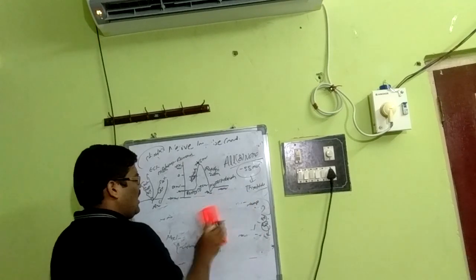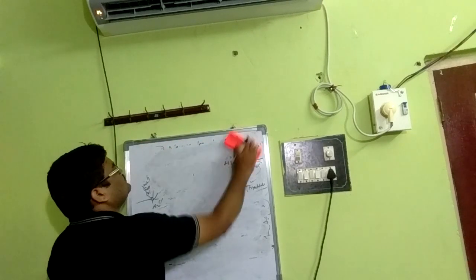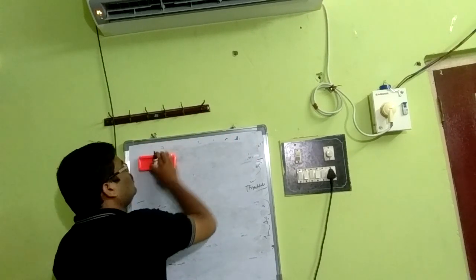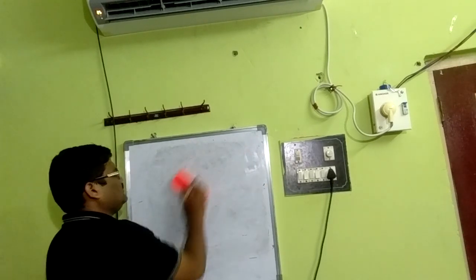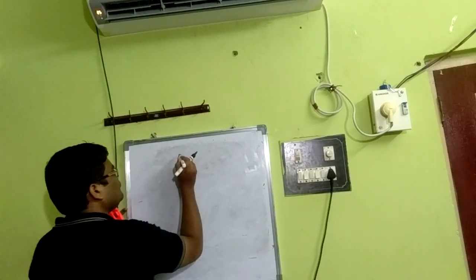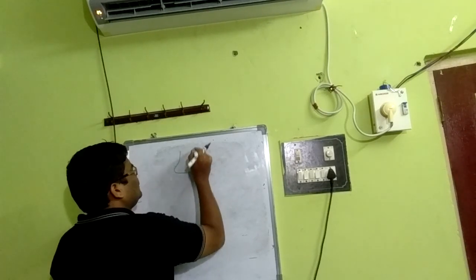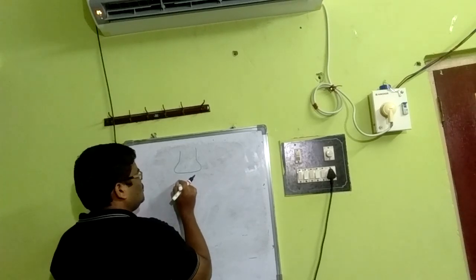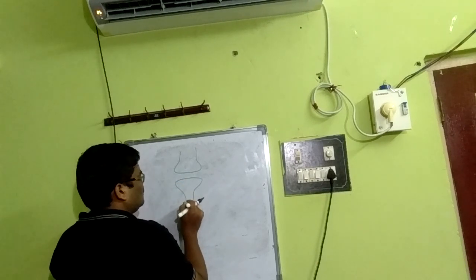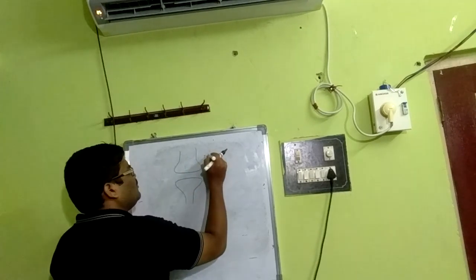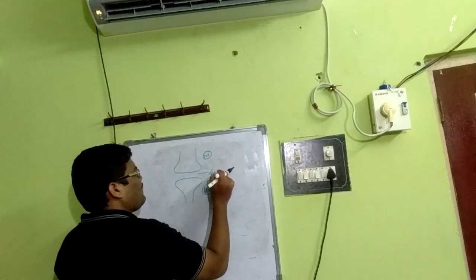The ultimate objective of this nerve impulse conduction is to generate neurotransmitters. I told you already, neurotransmitter, the word implies it transmits. That means the action potential or nerve impulse should transmit from one neuron to another neuron. This is neuron 1, for example, and this is neuron 2, and this is called the synapse.